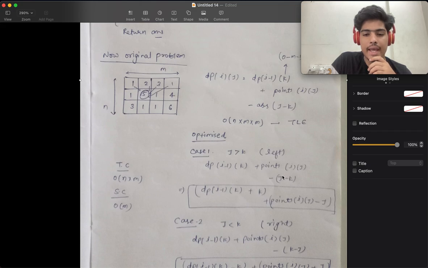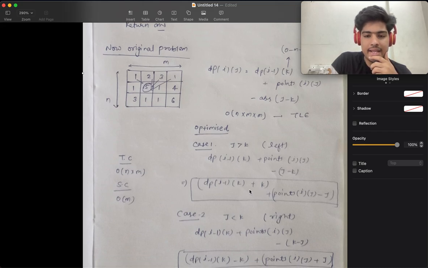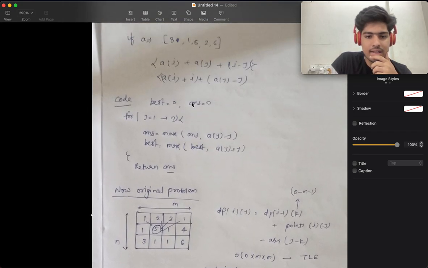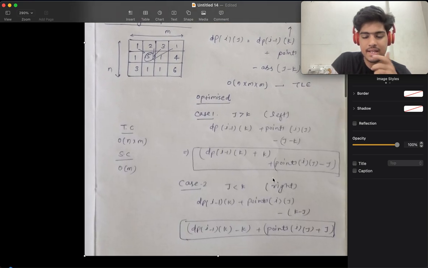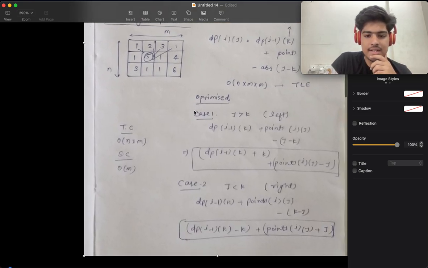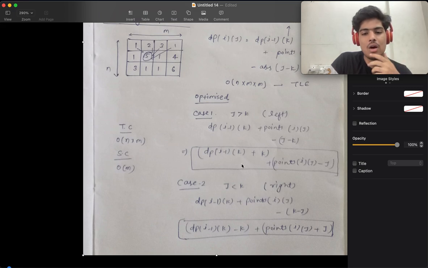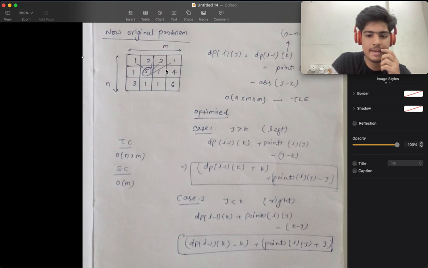After rearranging all the elements, it will be something like dp of i minus 1 of k plus k, because minus minus will be plus, plus the gain points of i comma j minus j. It will be something like this condition, this a of i plus i, same as this condition. Now my second case is if my j is less than k, it means k is greater.